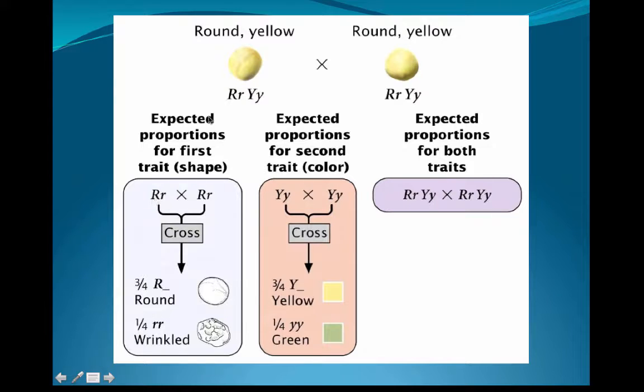So you would have big R, little r from one parent and big R, little r from a second parent. And in that cross, you would end up with a 3-to-1 ratio of round versus wrinkled peas. The second trait would be color. Very similarly, you would take the heterozygote from one parent, multiply that by the heterozygote from another parent, treat them individually, and you would also get a 3-to-1 ratio of yellow versus green seed colors.